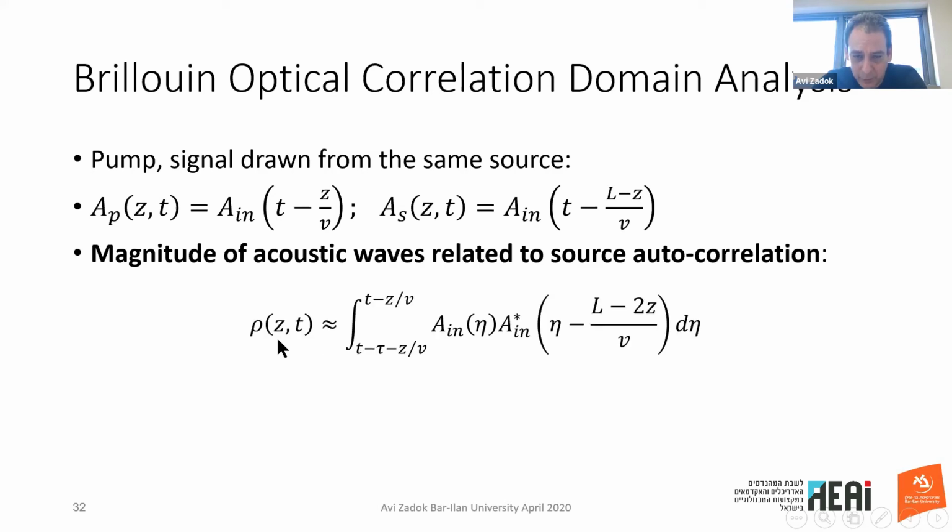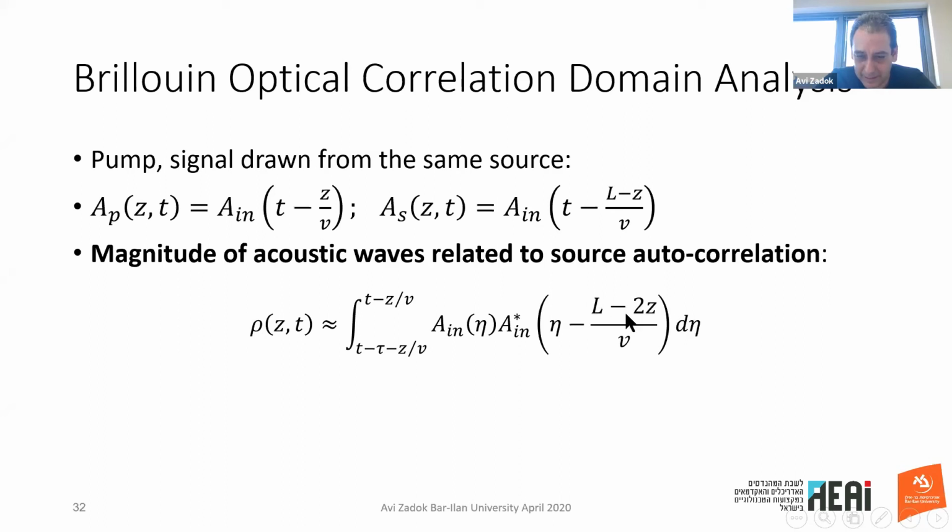And the magnitude of the acoustic wave, therefore, goes with the inner product of the input waveform and itself delayed. And this relation that you see here very much resembles a correlation operation. If I were to spell it out, the magnitude of the acoustic wave is very closely related to the correlation of our incident waveform. If the delay here is shorter than the correlation length, very good, we can drive an acoustic wave.